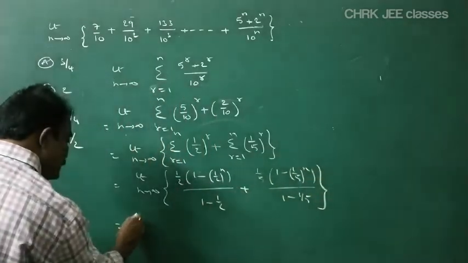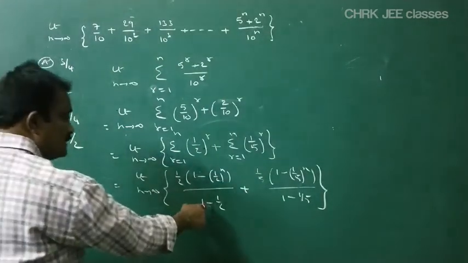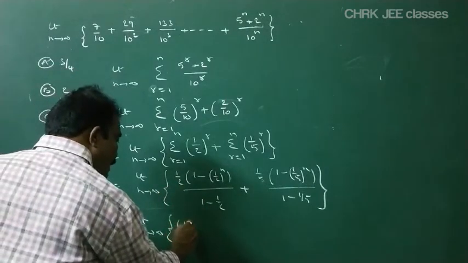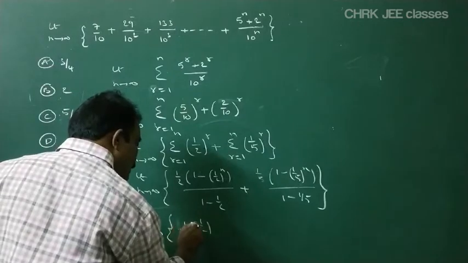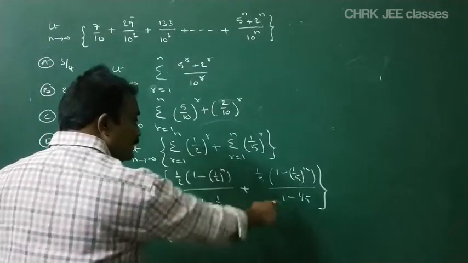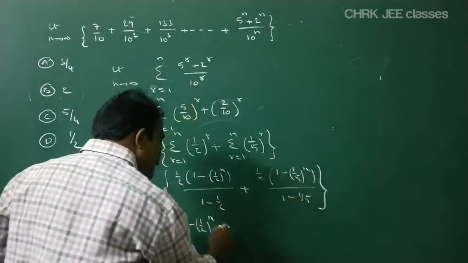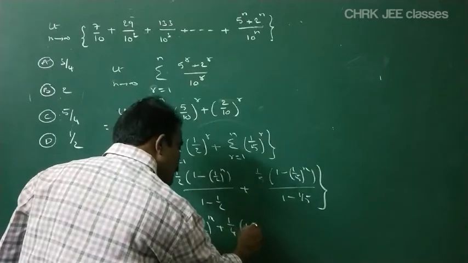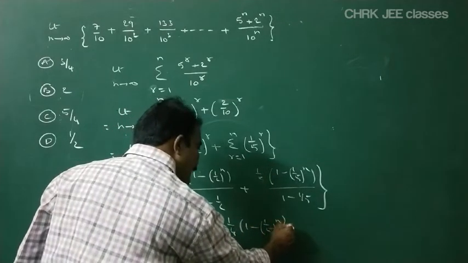That equals limit n tends to infinity. This is 1 by 2. These two are cancelled. 1 minus 1 by 2 whole to the power of n. This is 4 by 5. These 5 and 5 are cancelled. Plus 1 by 4 into 1 minus 1 by 5 whole to the power of n.